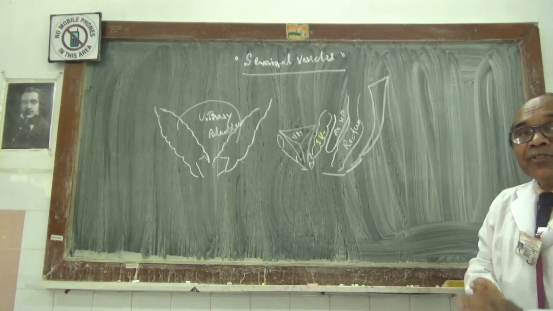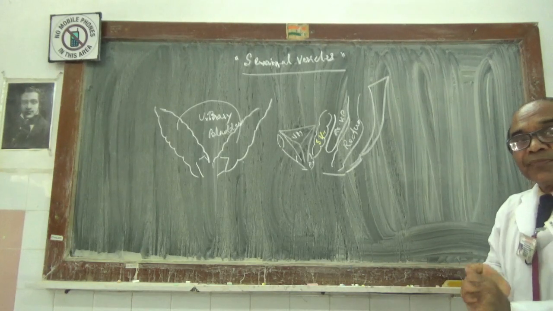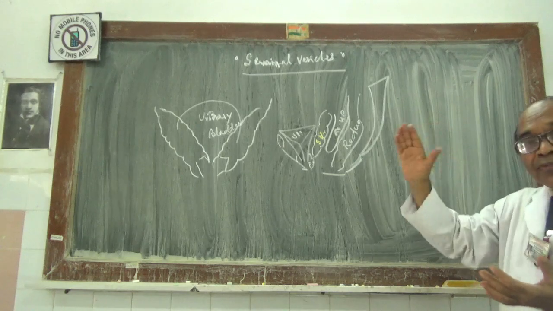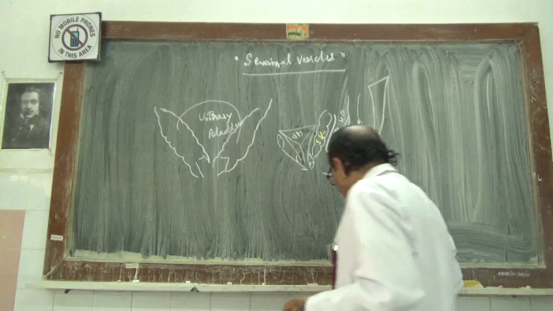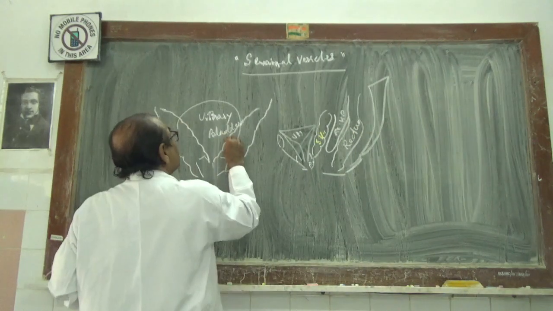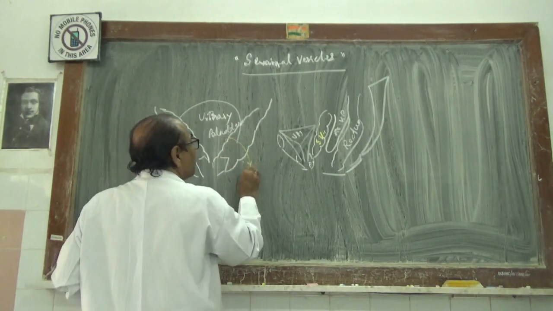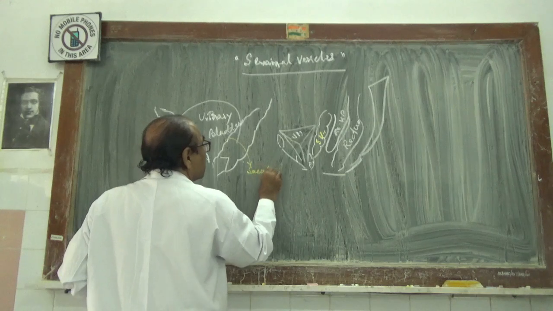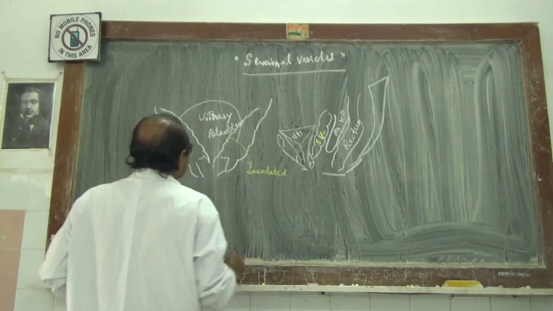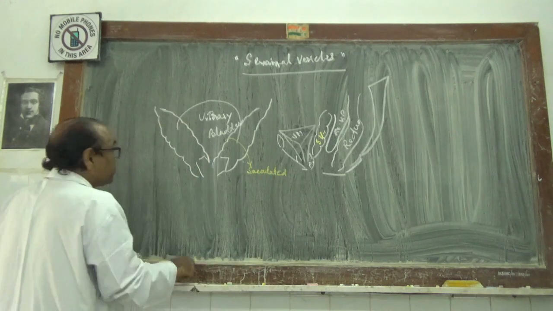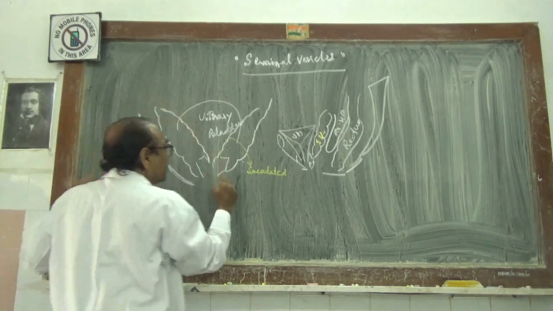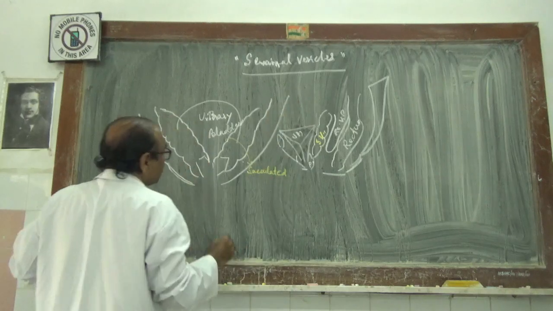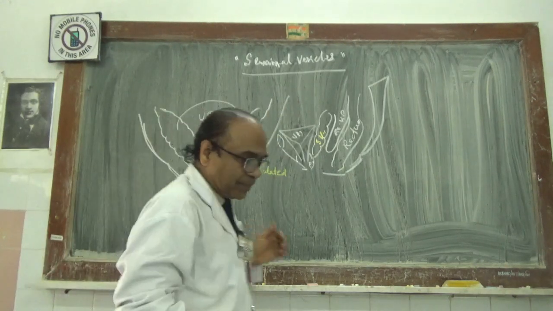These seminal vesicles, which are present one on either side of the median plane, are sacculated, telescopic-like structures.